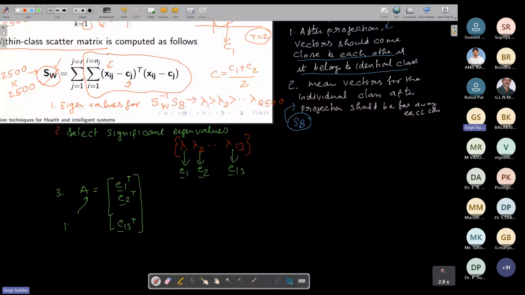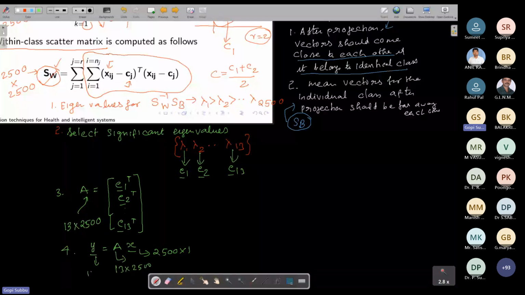Then you can project it. The projection is y equal to Ax, right? So x is 2500 cross 1 as usual, and A is your 13 cross 2500, and then you get the projected data.